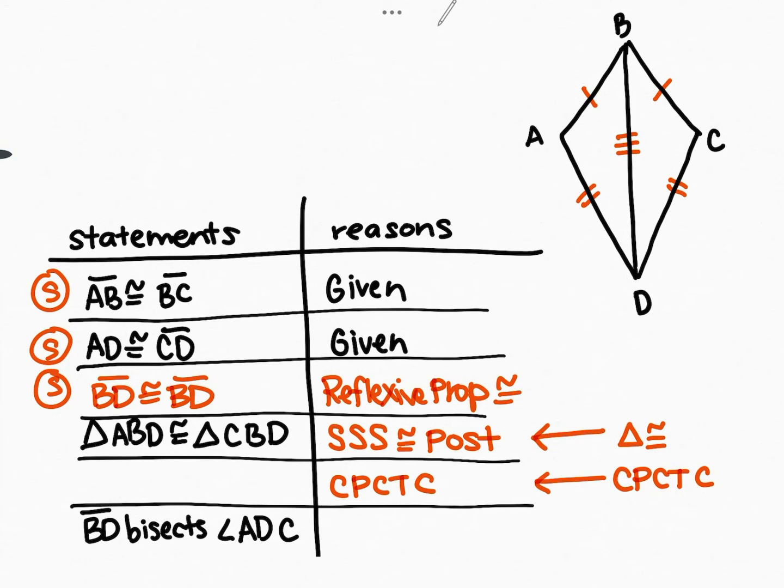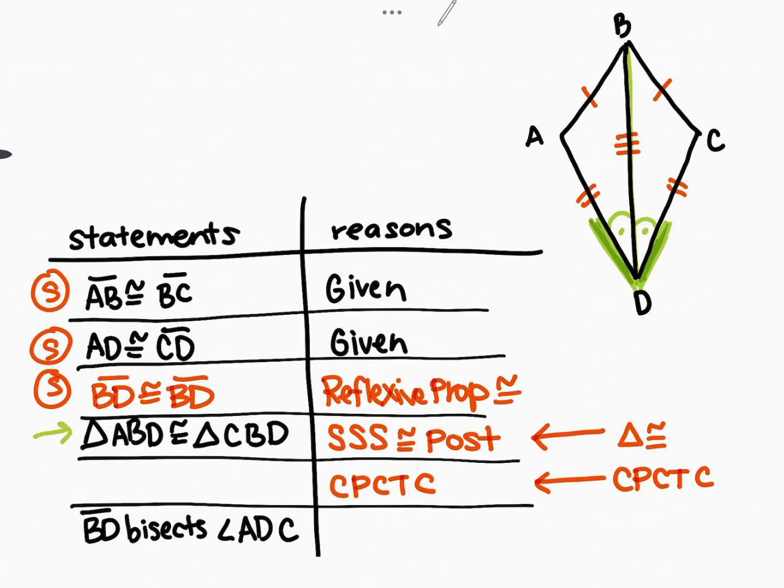I am trying to prove that angle ADC, that's this one down here, gets bisected by that BD coming right down the center. If we're saying that that ADC angle is being bisected, we're saying that those two angles got cut equally. So is it true that this angle and this angle are the same? Are they congruent?